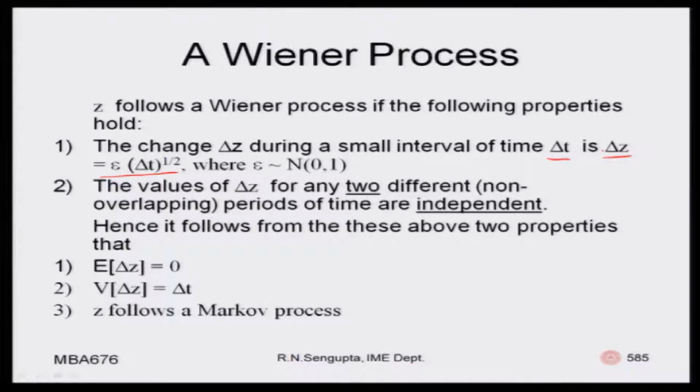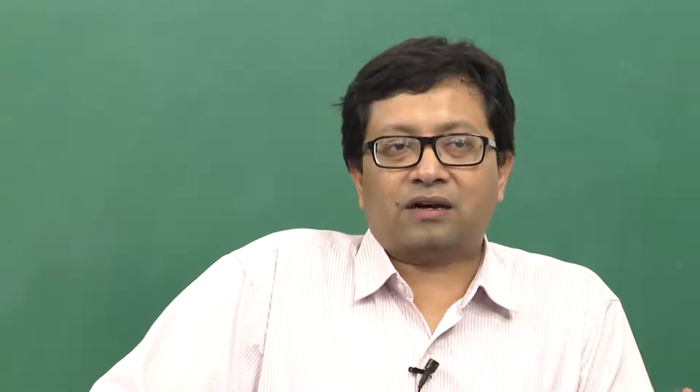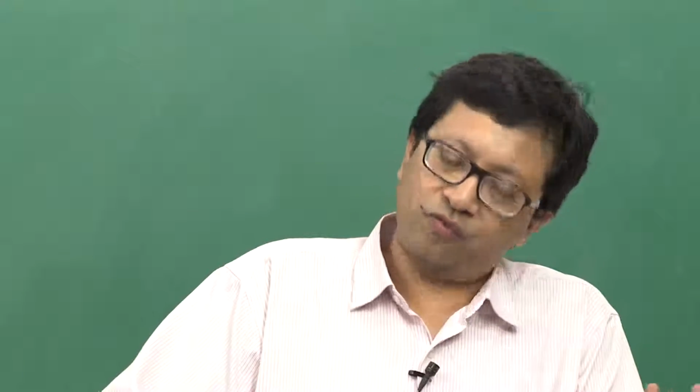If you remember, when we were talking about volatility, I did mention it can be dependent on the square root of time, or it can be dependent on time also. This is what we are bringing into the picture. Also remember that epsilon is normally distributed, a standard normal deviate with a mean of 0 and a variance, or standard deviation, of 1.